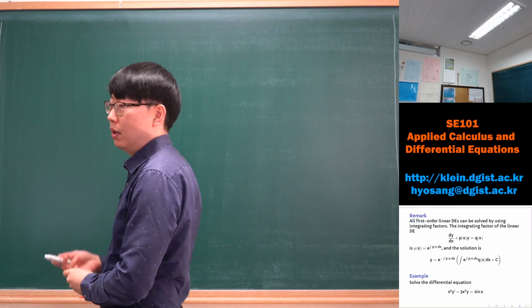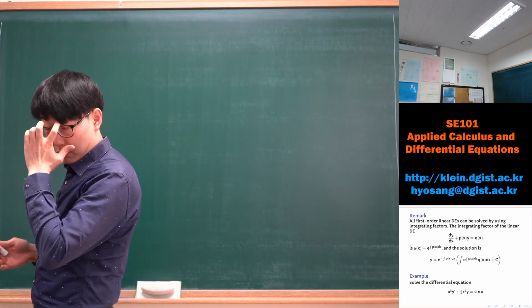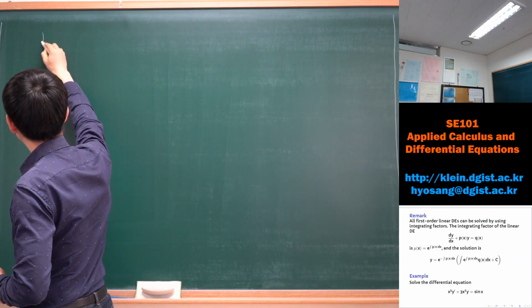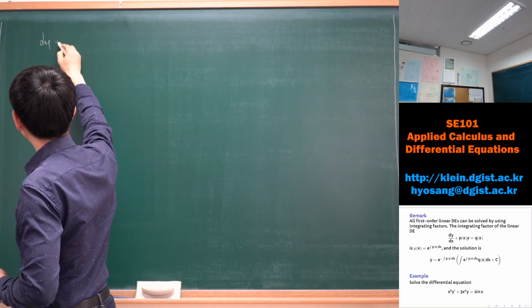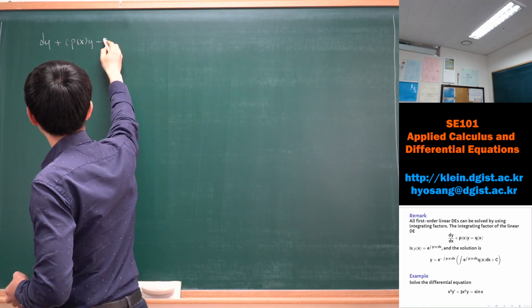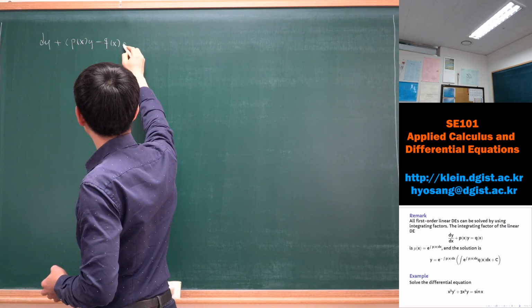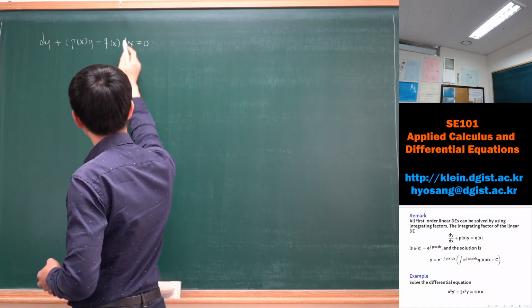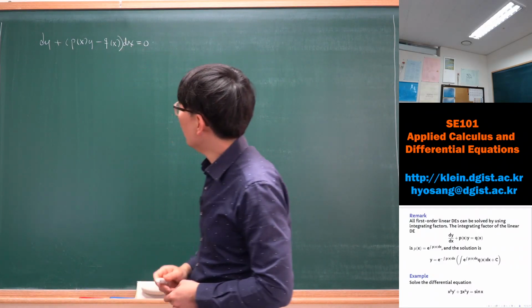So let's try to write it in a similar form, or exact form. So we have dy plus (p(x)y minus q(x)) dx equals 0.